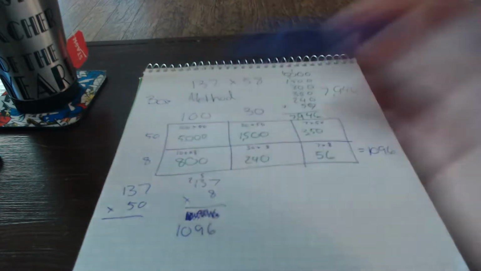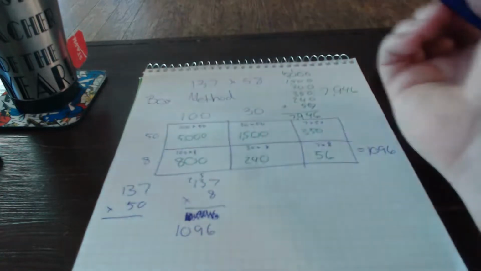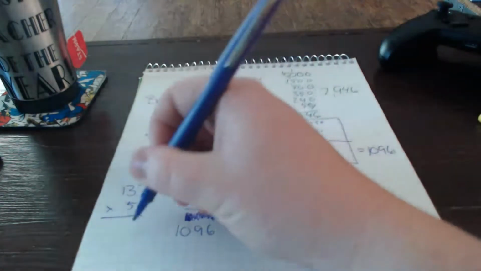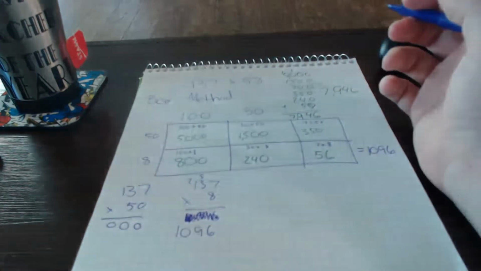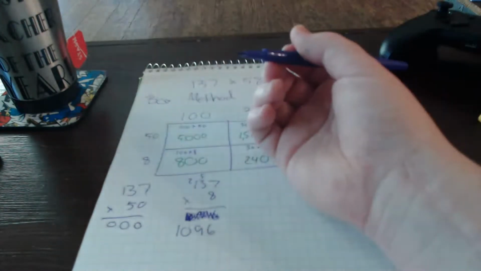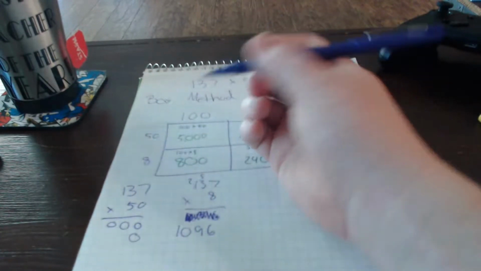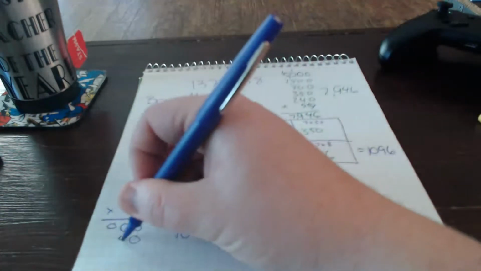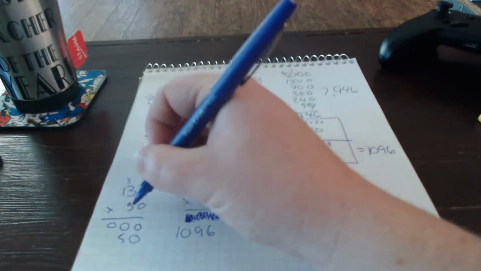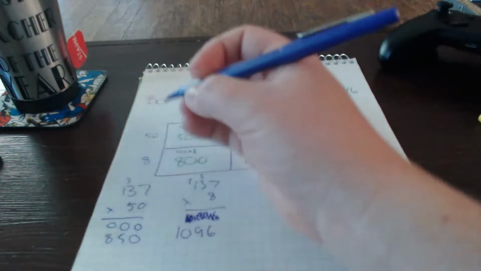Okay, so now we're just going to do the same thing over here. 0 times 7 is 0. 0 times 3 is 0. 0 times 1 is 0. That's why we just add the 0 on at the end, because you just get a bunch of zeros. So if we add that 0 on the end, because this is 50, we get 5 times 7 is 35. Regroup that 3. 5 times 3 is 15. Plus 3 is 18.